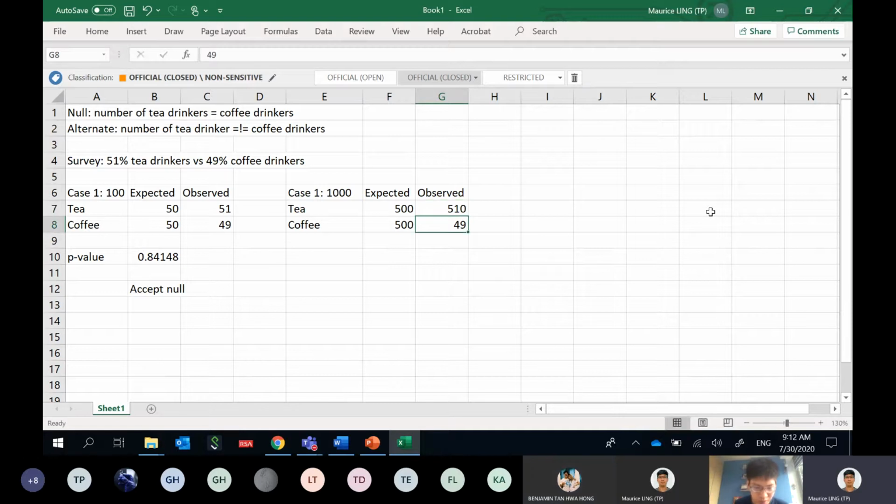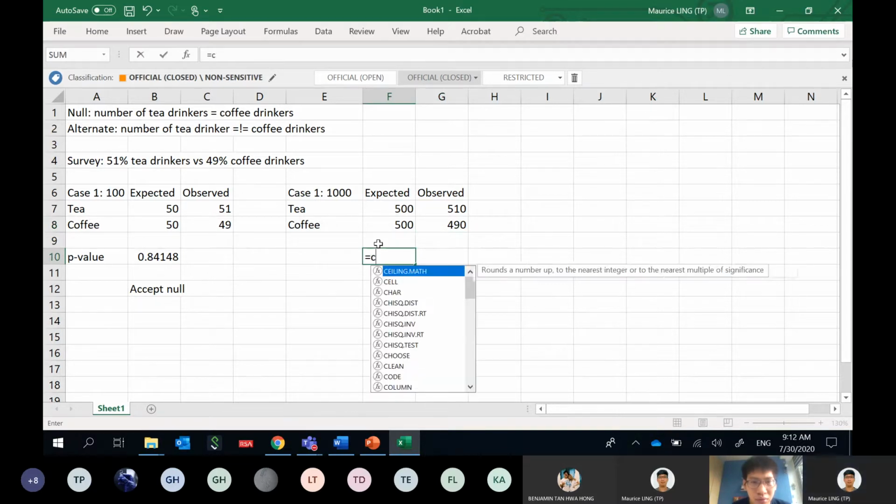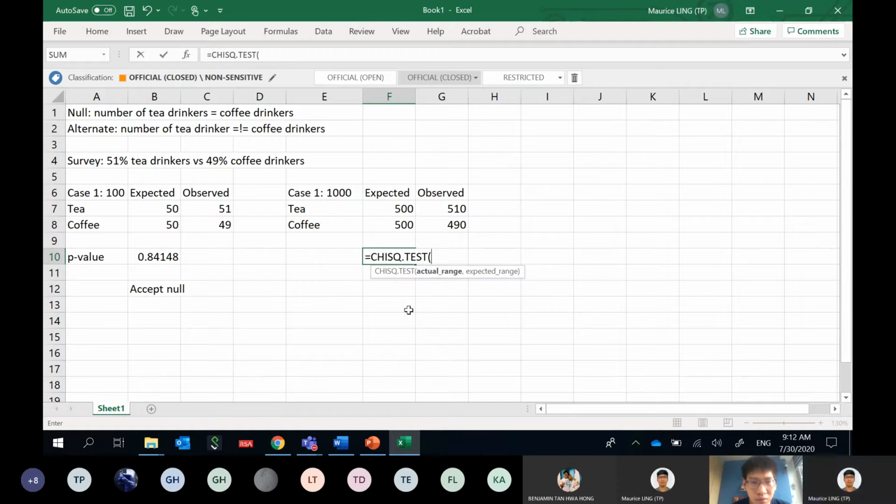So 510, 490. So let us do the p-value again, our chi-square statistic, actual range. You find that the p-value actually drops. It goes from 0.84 to 0.52. So the frequency actually affects it, but not the percentage. In this case, you will still accept the null hypothesis anyway.